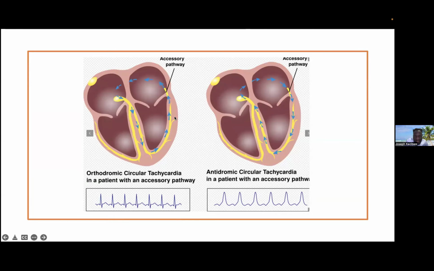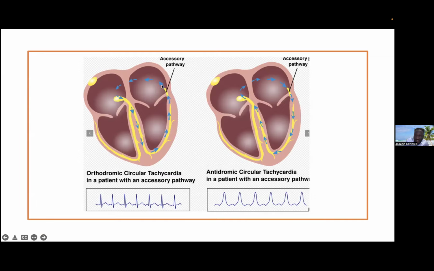Why is that the case? The QRS complex represents the activation of the ventricles. If it is narrow, it means it has been conducted via the sleek pathway. So if you have downward conduction via the sleek pathway, you're going to have a narrow complex QRS.